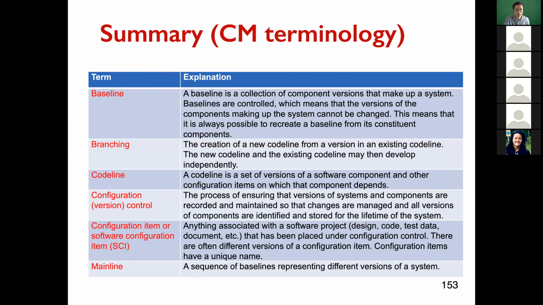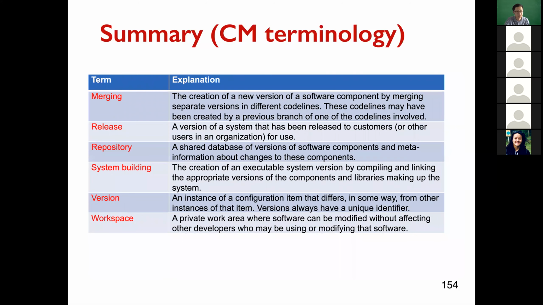A software configuration item is, for example, one code file, one document, or one of the other artifacts that you have versioning on. That's a configuration item. What's a main line? Merging, release, repository, system building, version, workspace. We have discussed all of these concepts.